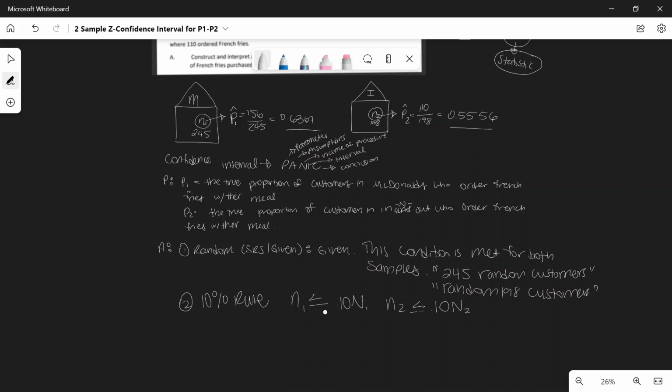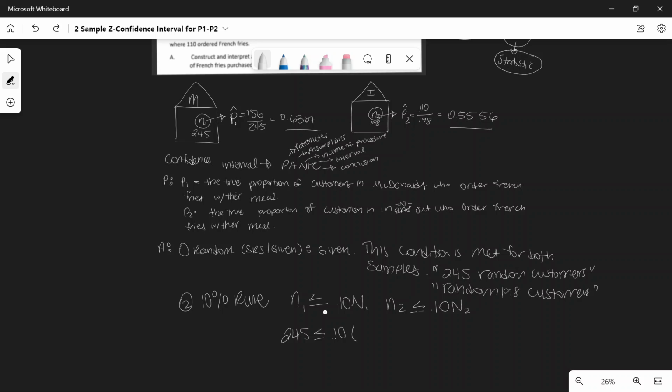So the sample size n1 for McDonald's, right, was what? It was 245, less than or equal to 10% of N. In this case, we don't have N, right? We don't have the true population size. So because of that, we just take the parameter. Actually, hold on. We don't take the parameter, excuse me.